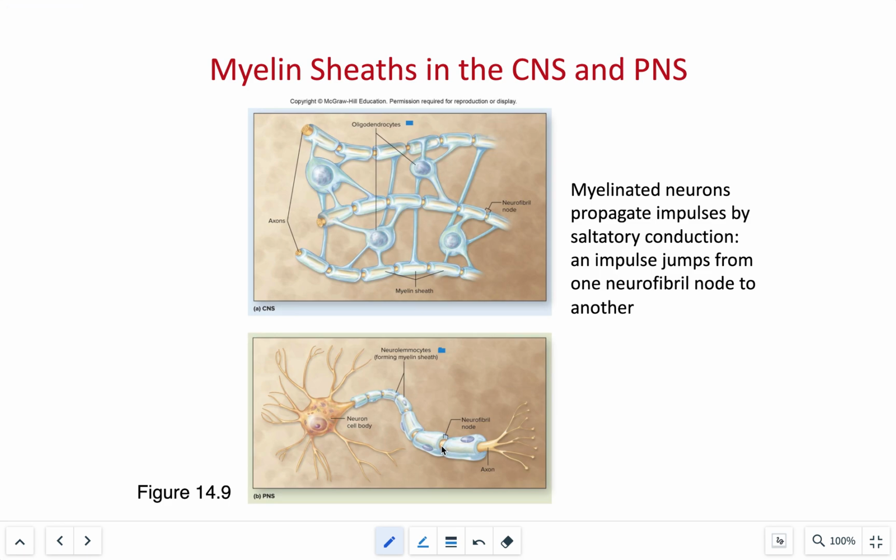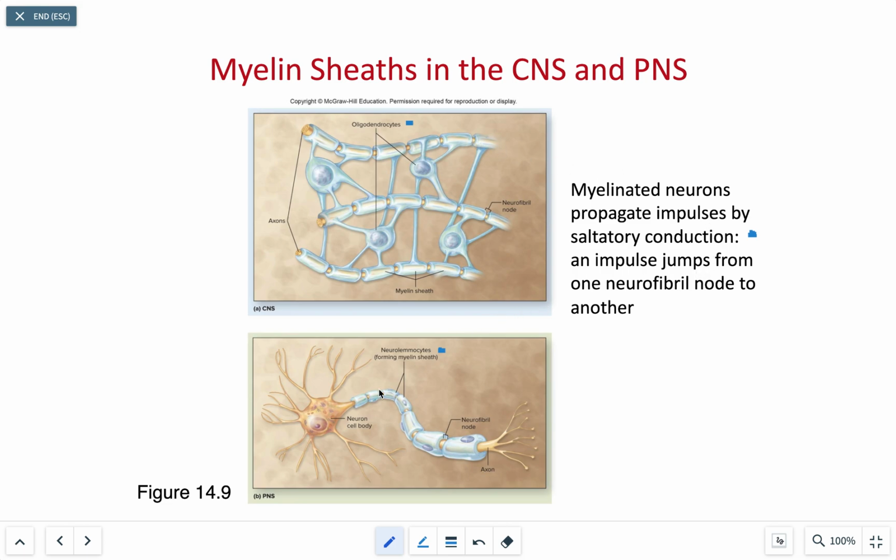Whenever we have myelination that occurs in the central nervous system by the oligodendrocytes, which are producing the myelination along the axons of the central nervous system, or by the neurolemmacytes, we call this saltatory conduction. And this specifically is associated with myelinated axons.